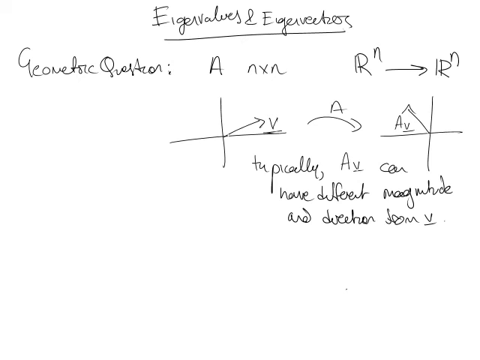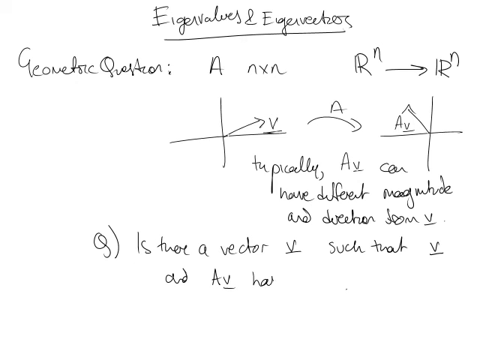And the question I want to look at is, given a linear transformation like this from Rn to Rn, an n by n matrix, is there a vector whose direction doesn't change? Is there a vector v such that v and Av have the same direction? Okay, so pictorially, I'm looking for a vector.